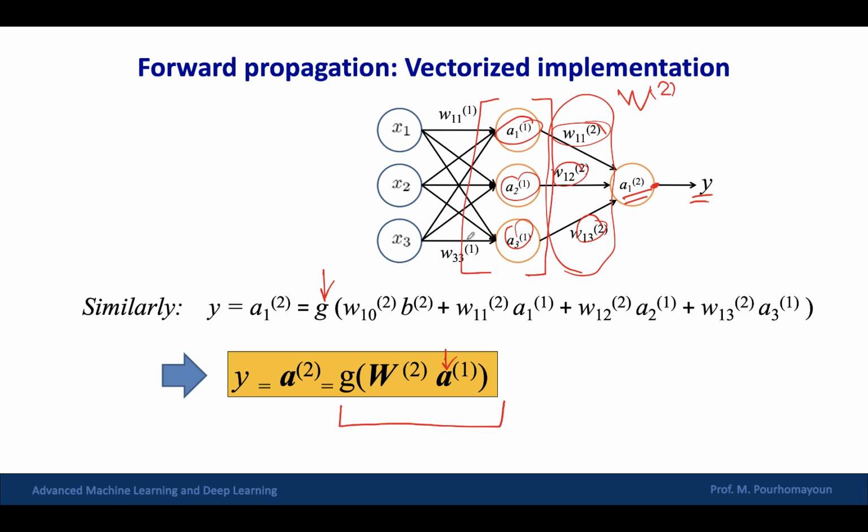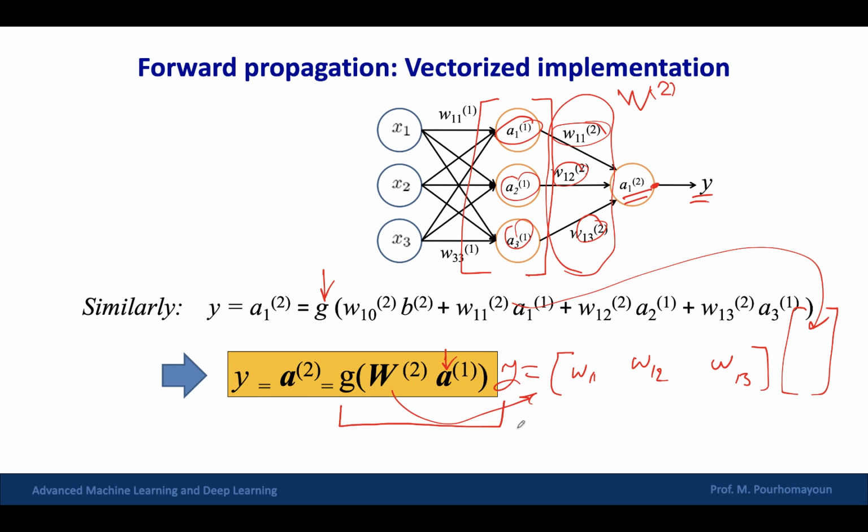So this guy is multiplied by this one. This is a row, so w2 looks like this: w21, w22, w23. If you multiply that by this guy, it gives us the output.